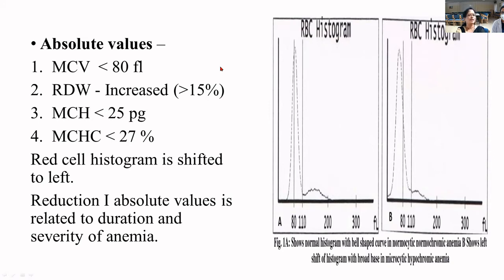So what is the meaning of RDW? This is the RBC histogram we get with the automated machine when we feed the anticoagulated blood. RDW is the width of the RBC distribution. Show here.